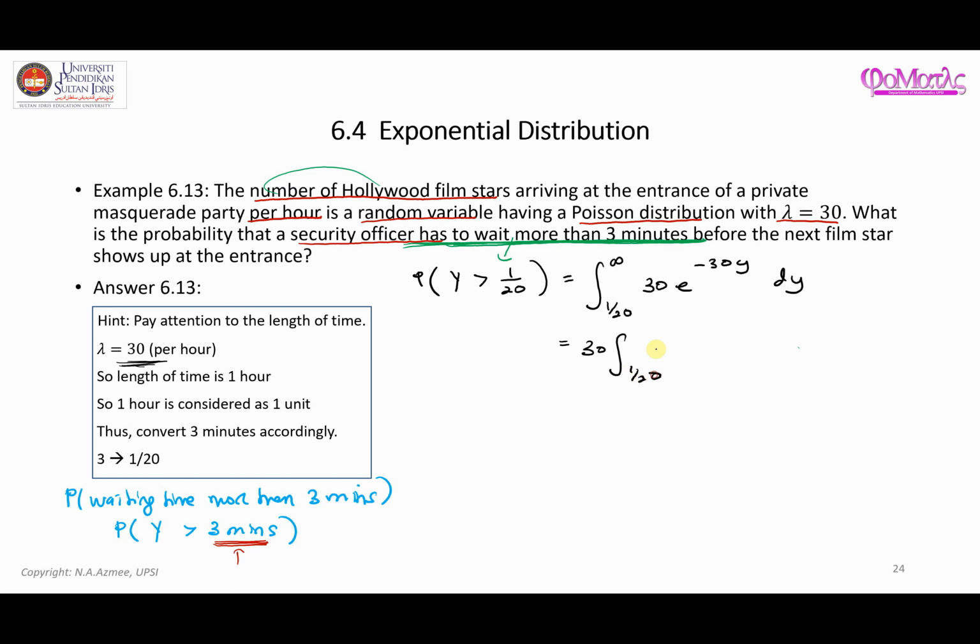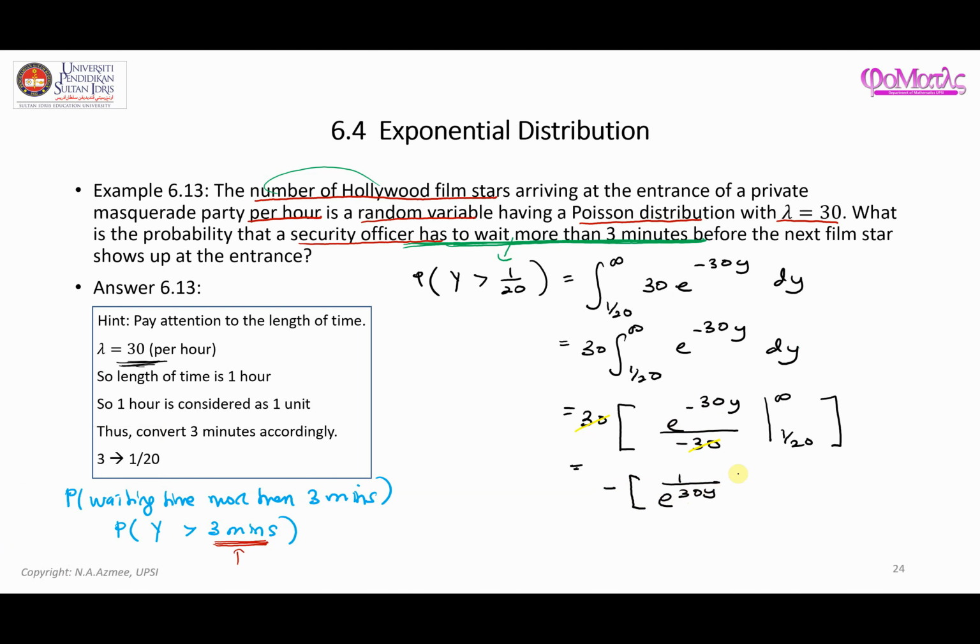Here we have e negative 30y dy, and we already know the result when you integrate this function: it will be e negative 30y over negative 30, evaluated from 1 over 20 to infinity. The 30 can be cancelled out, and the negative can be taken out. So now we have 1 over e 30y evaluated from 1 over 20 to infinity.